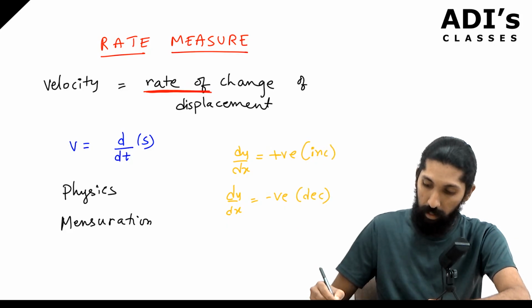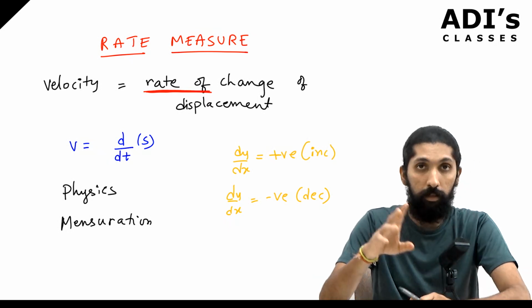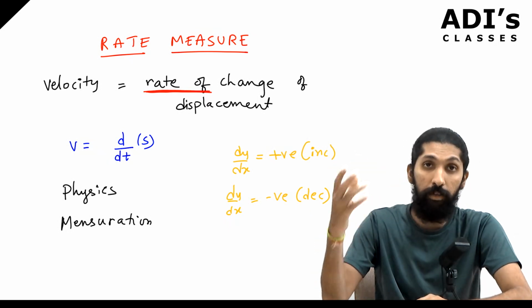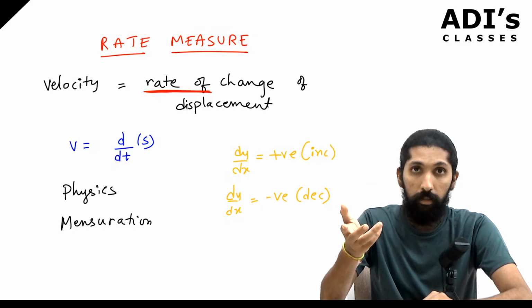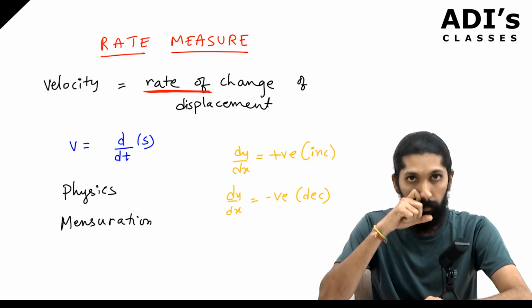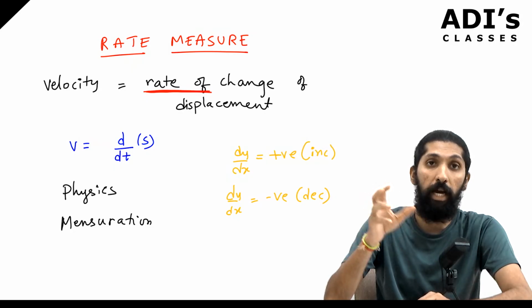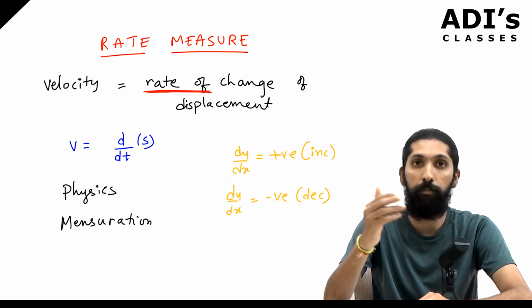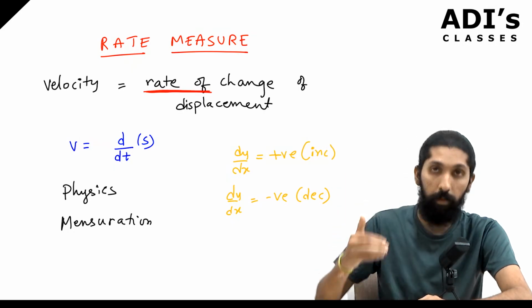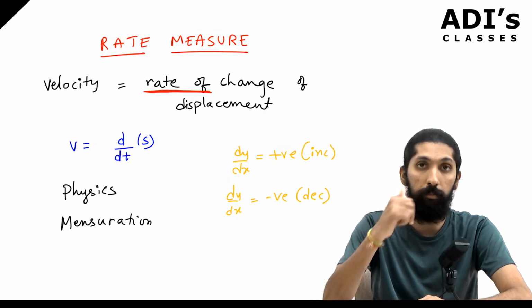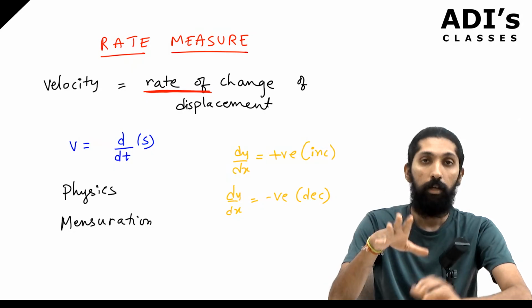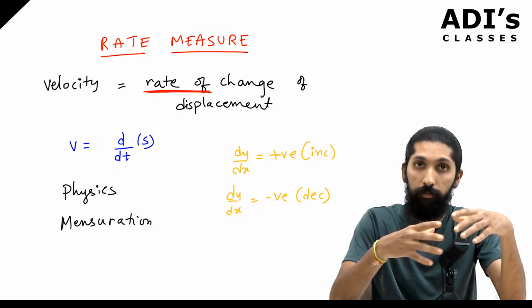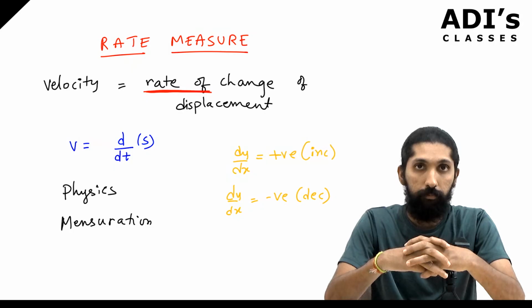Suppose I say that the volume of a particular figure is increasing every second or every minute, then dy by dx is positive. Or suppose I say the bacterial infection within a particular sample is decreasing at a particular rate, dy by dx is negative. This is what we mean by it. Fair enough? So this is the basics of the derivative as a rate measure.